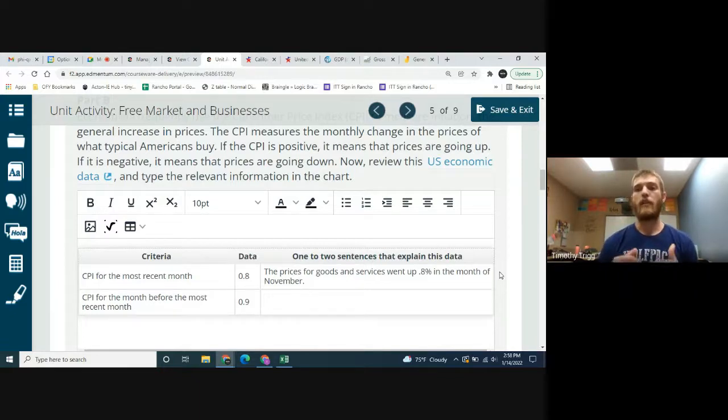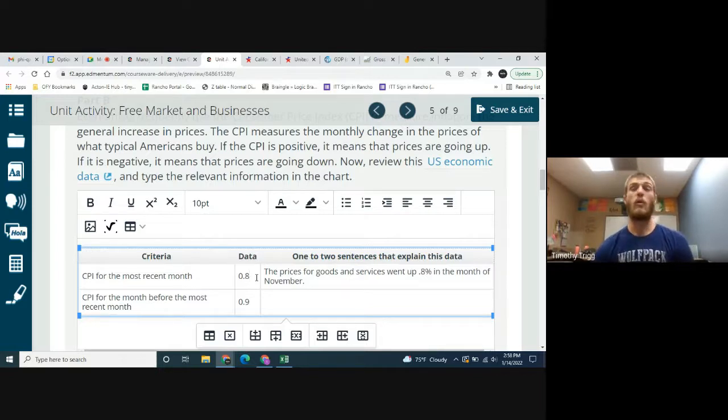You want your inflation to be basically usually around like 1% to 2% maybe is a general good year over year inflation. But this is 0.8% in just 1 month. That's actually a very high CPI month over month.